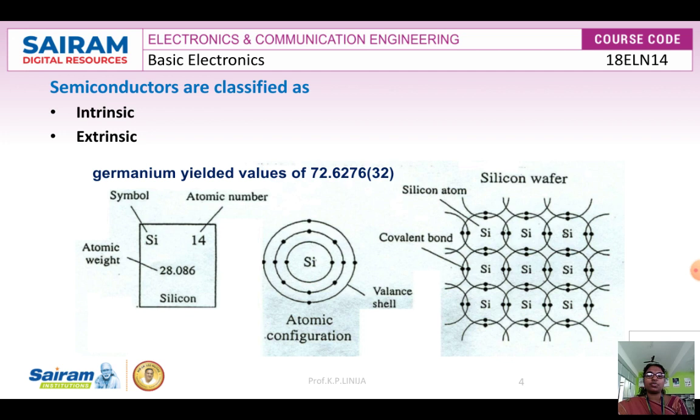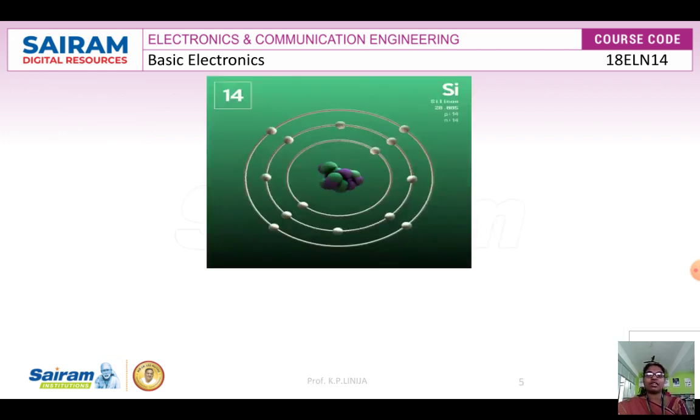This is a pure semiconductor, silicon material, and here we can see only the Si symbol. This is the silicon structure, and you can visualize how the particles move in the atom and how it takes place.